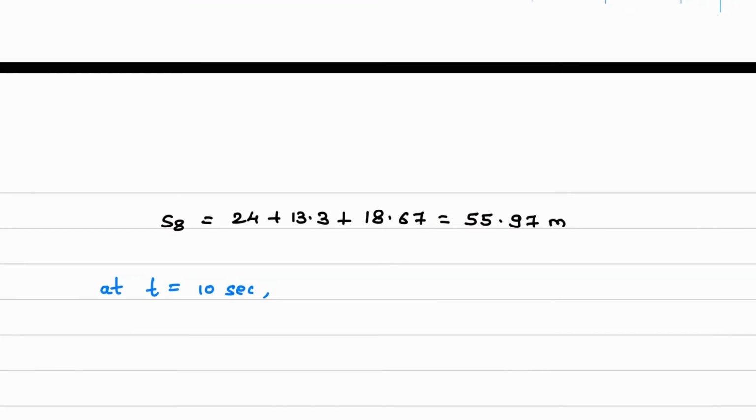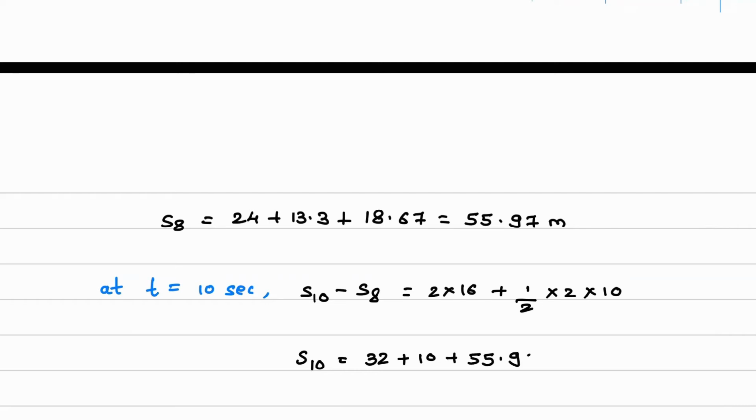So at t equal to 10 seconds, S10 minus S8 is equal to 2 into 16 plus half into 2 into 10. S8 value we already have, so S10 is equal to 32 plus 10 plus 55.97. So the S10 value is 97.97 meter.